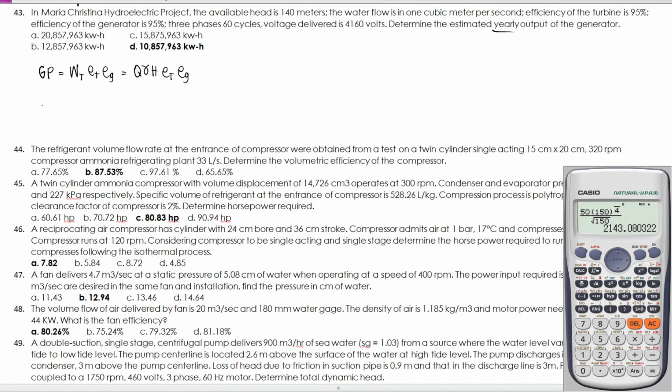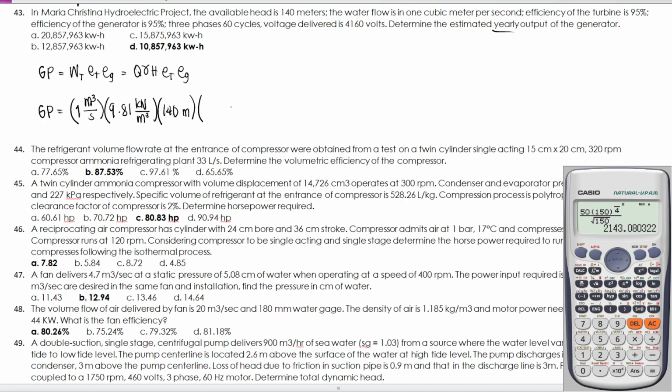Okay? So, substitute. Ang Q natin dito is 1 cubic meter per second. Ang gamma pa rin natin is gamma ng water, that is 9.81 kilonewtons per cubic meter. At yung head is 140 meters.